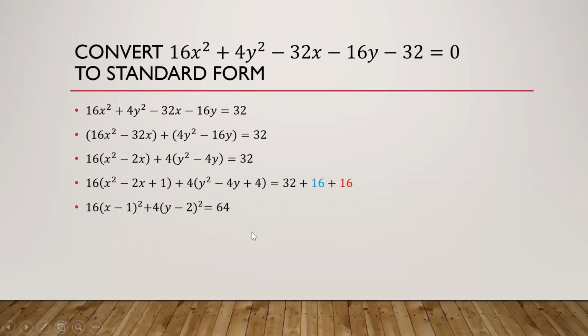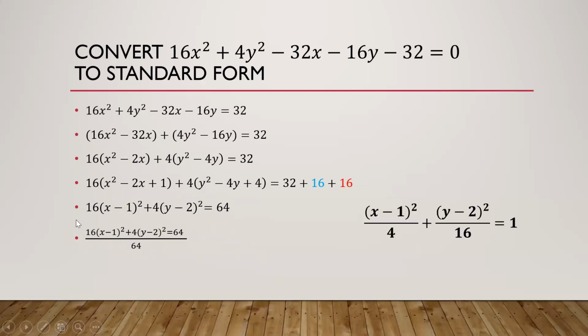Now, when we reach this part of the process of converting general form to standard form, we then divide the whole equation by whatever our constant number is. So for this, it's 64. So we divide the whole equation by 64. So 16 divided by 64 is 1/4.